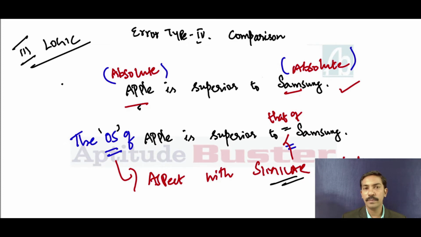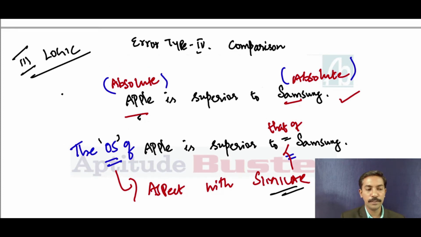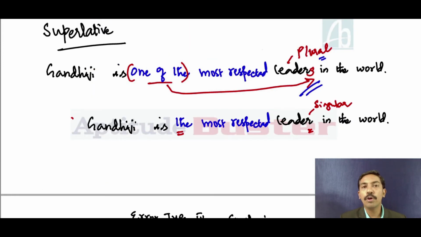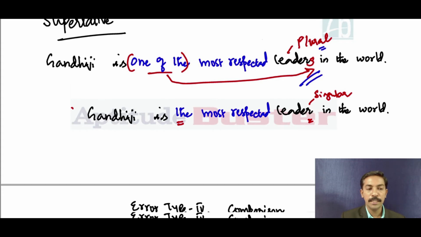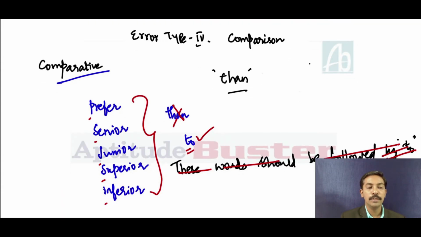And if you remember these three logics: the first one, whenever you have one of in a sentence involving a comparison, you have to ensure the corresponding noun should be in plural form. The second logic is, usually we use the word than in comparative form. This has an exception. That is when you make a comparison using prefer, superior, inferior, senior and junior, instead of than, to should be used.